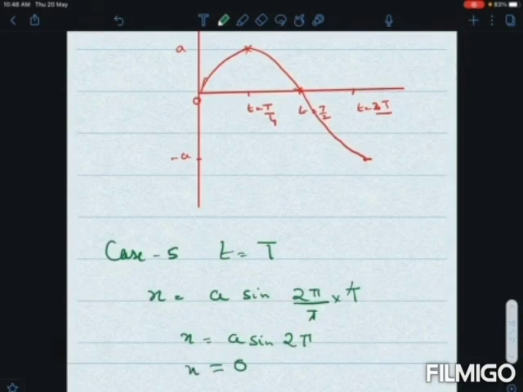So at t is equal to T, x will again become 0. So you can see that it is a sine wave. Our solution agrees with the graphical representation also. Beginning from 0, you end up at t is equal to T as 0 itself. So one full time period has been completed, and you can see that it is a sine wave.